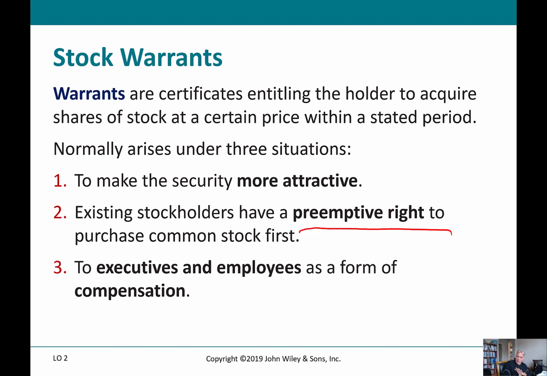So they say, hey, I have these warrants that allow me to acquire any shares before they are sold to somebody else. Maybe you're the younger executive, and you see some folks getting a little long in the tooth, and you've got all this talent that you're bringing, and you say, I'll tell you what, I'll take stock rights as part of my compensation, but I want preemptive rights associated with that in the form of warrants, right?